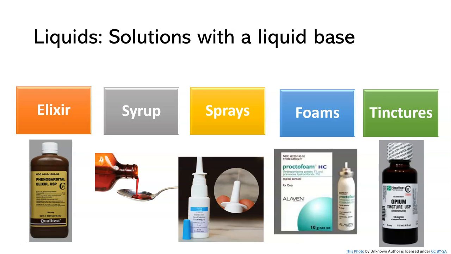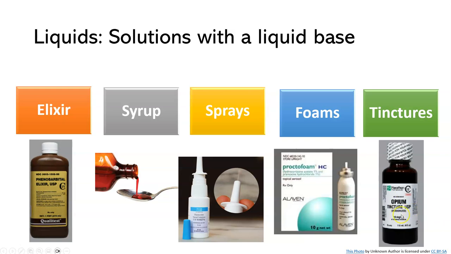So tinctures are solutions that contain a drug and water and an alcohol base. Sometimes they're used topically, like tincture of iodine. Your book is incorrect when it states that tinctures are never taken orally, and I'm using this image to reinforce that. Tincture of opium, which is usually used when treating severe diarrhea.